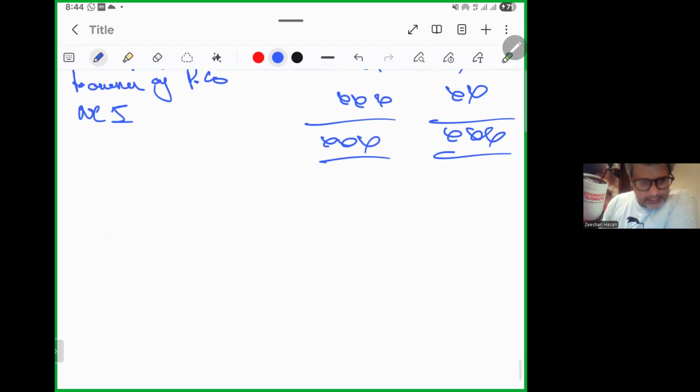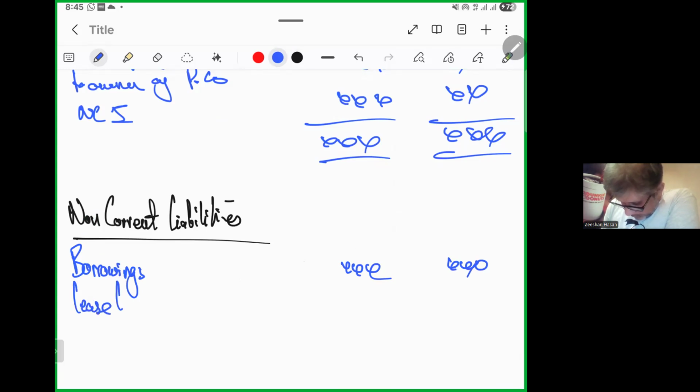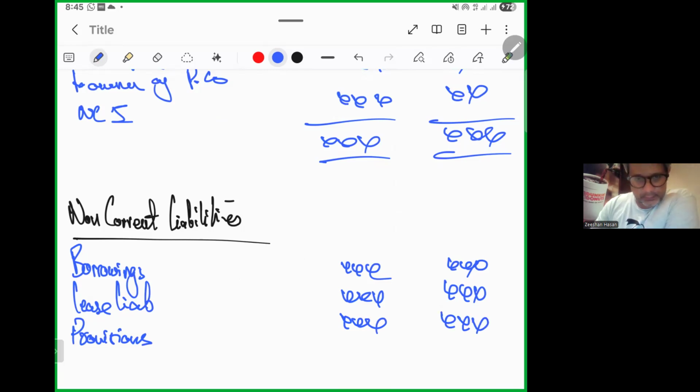Then we have non-current liabilities: borrowings, lease liabilities, provisions, deferred tax liabilities.